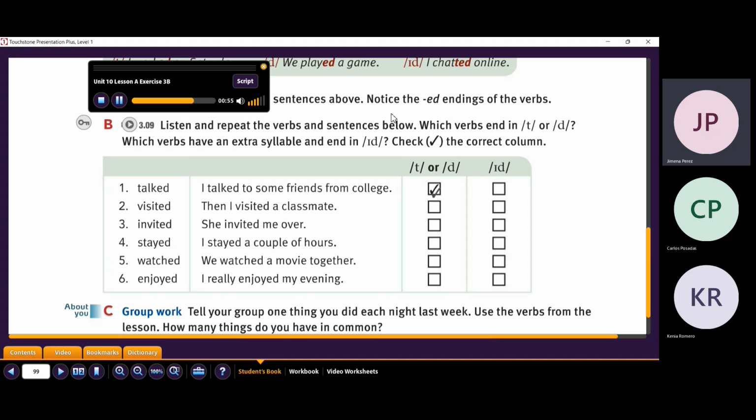Stayed. I stayed a couple of hours. 5. Watched. We watched a movie together. 6. Enjoyed. I really enjoyed my evening.